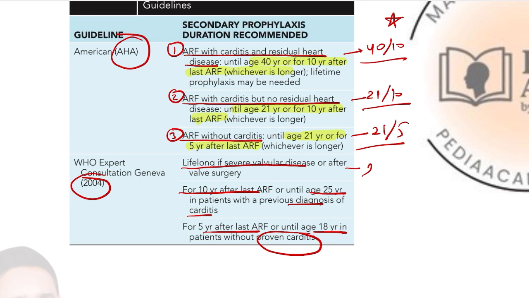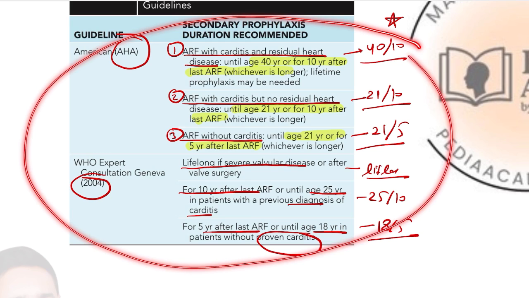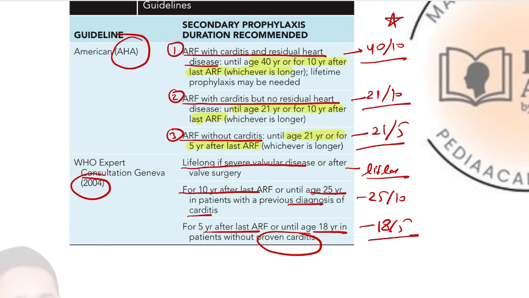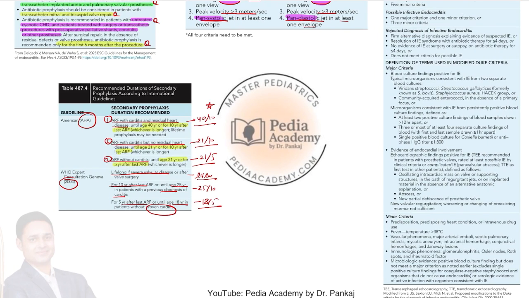So lifelong, okay. So 25-10, 18-5. So these formulas, with any mind map you want, you have to remember them because these are very confusing numbers and they often end up as silly mistakes in the exam. So please remember this condition.